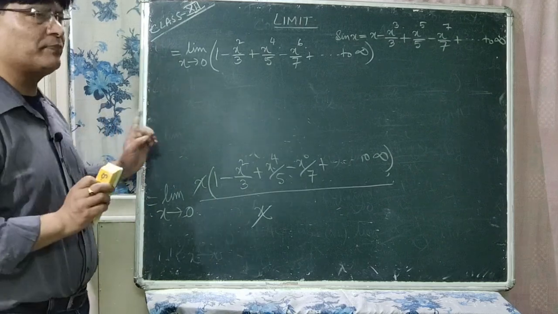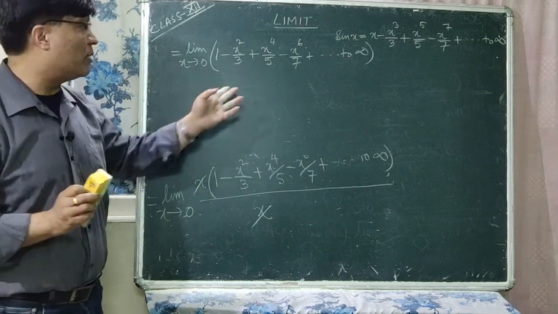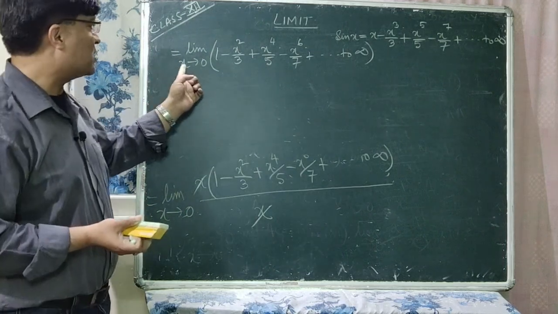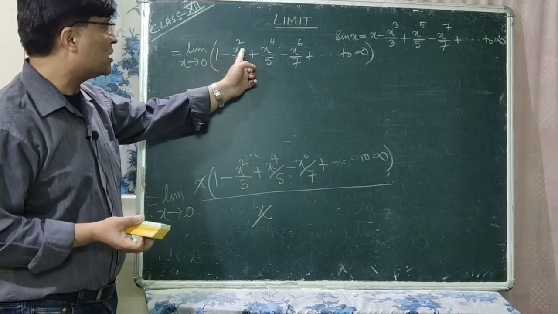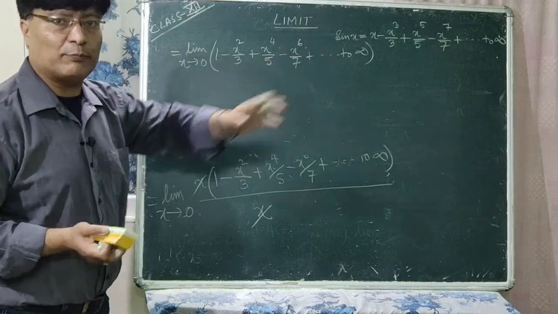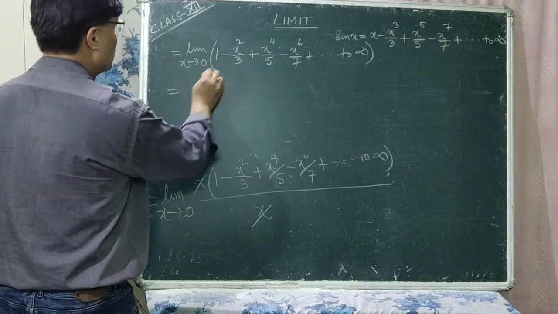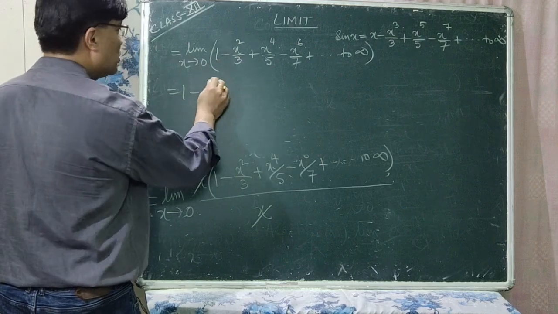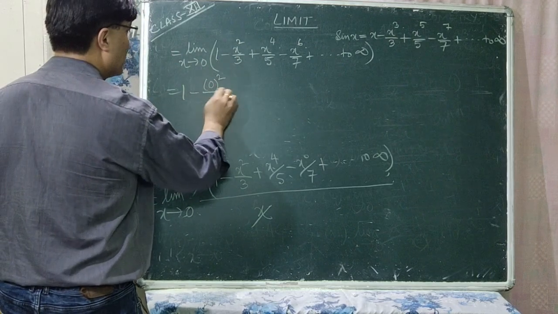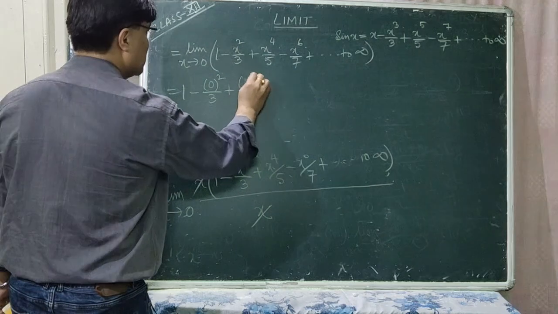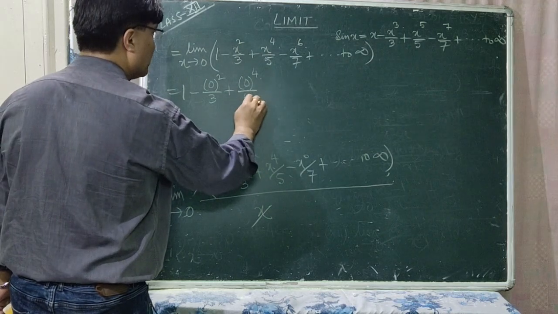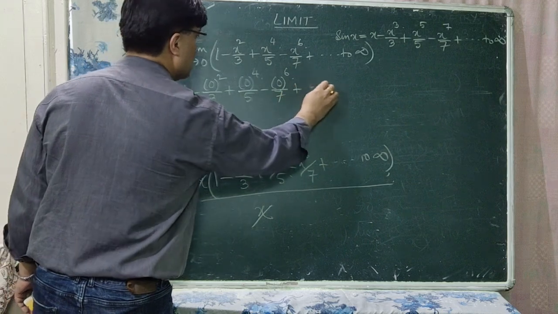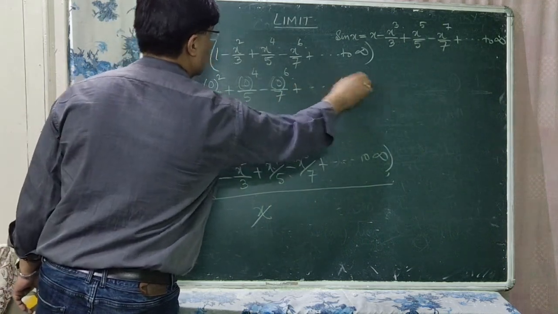Actually x is approaching 0, but in this case you have to get the limiting value. So x is approaching 0, so instead of x we can put 0 there. So it is equal to 1, a constant term, which remains as it is. 1 minus, if we put x is equal to 0 here, it is 0 square by 3 plus 0 to the power 4 divided by 5 minus 0 to the power 6 divided by 7, and so on up to infinity.